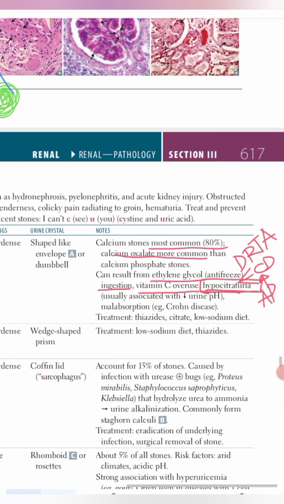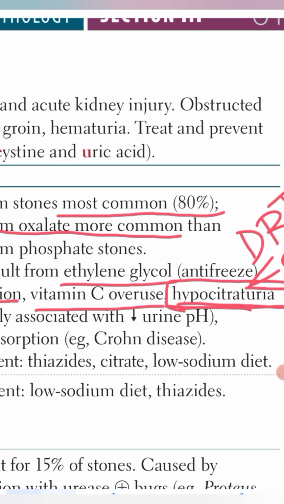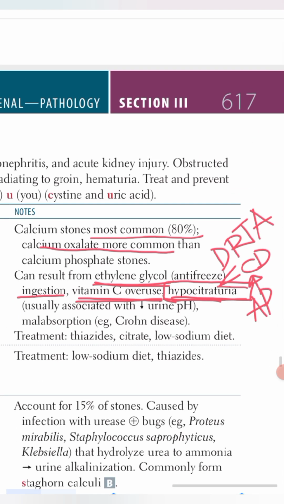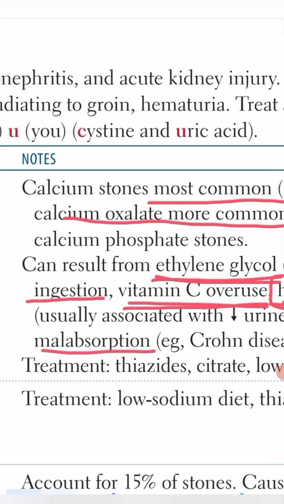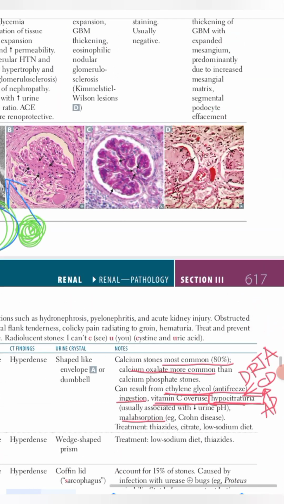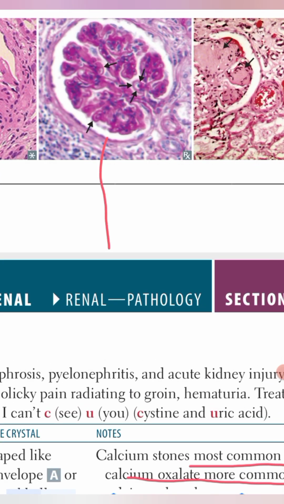How is the oxalate level increased? It is increased by ethylene glycol and vitamin C overdose, which are metabolized and increase the level of oxalate in the urine. The third one is malabsorption. For example, in Crohn's disease, suppose these are the intestines. In the intestine, calcium and oxalate combine, and then they are excreted into the feces.